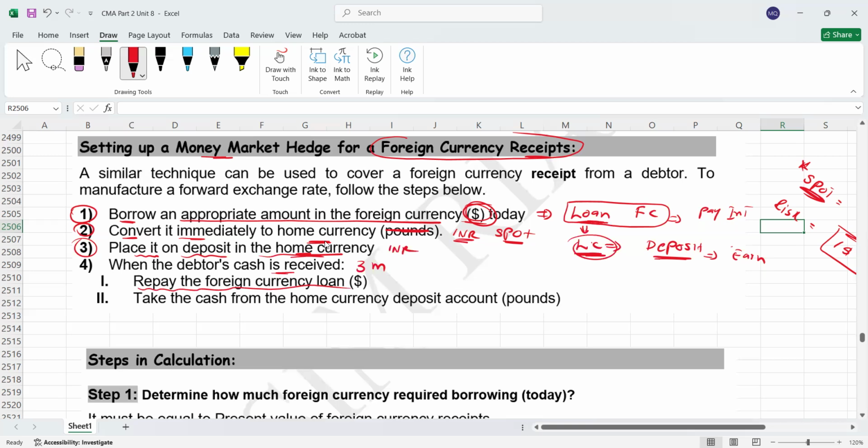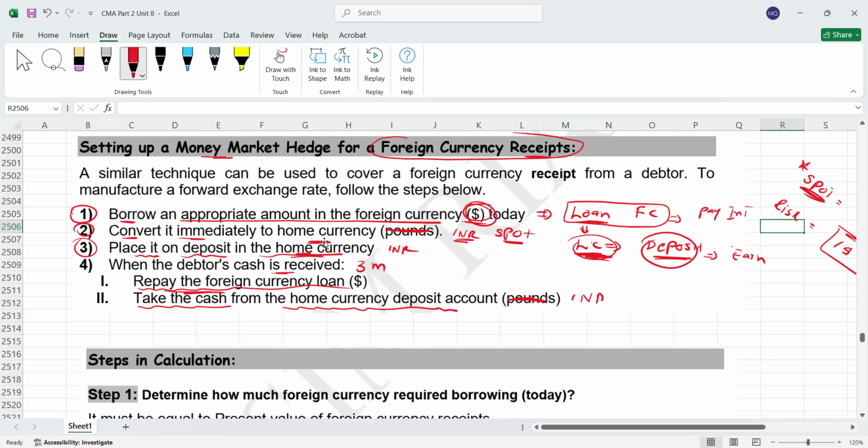So I can save myself from the future conversion. The loan will be settled as I pay it with the money from the customer. On the other hand, I have a deposit in local currency, so I can take the cash from the home currency deposit account, which in my example is Indian rupees. This is how the money market hedge works.